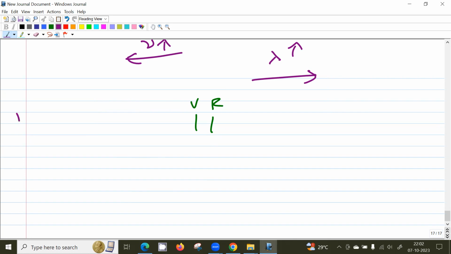So here we have gamma rays. Next is X-rays. Here will be UV. On this side, the maximum wavelength will be radio. Here we have infrared and then microwave.